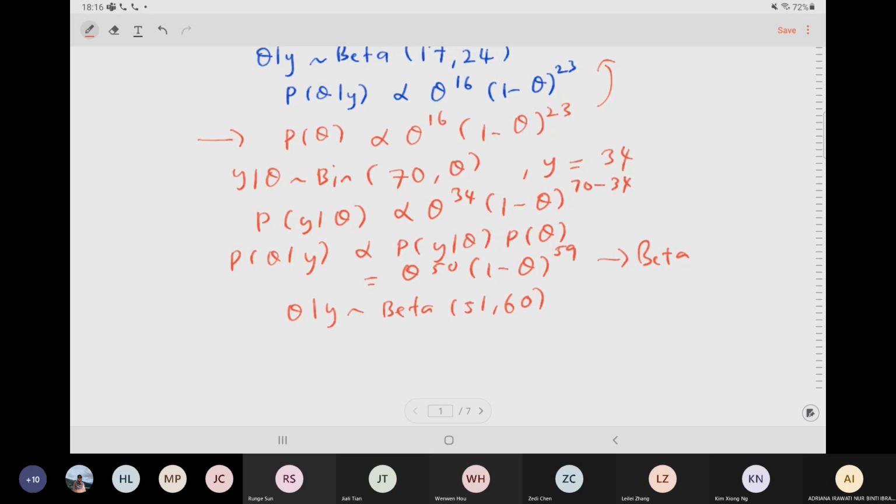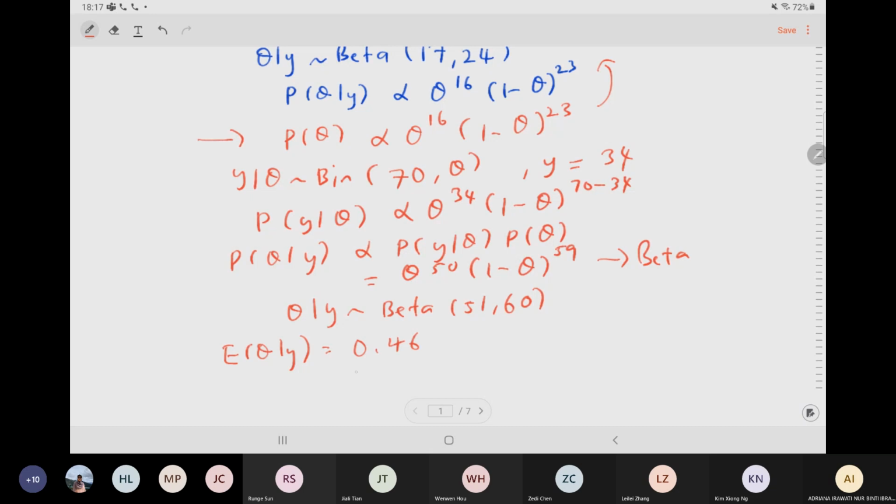If you look at the new posterior mean, the mean of this beta, which is alpha over alpha plus beta, the mean is 0.46.